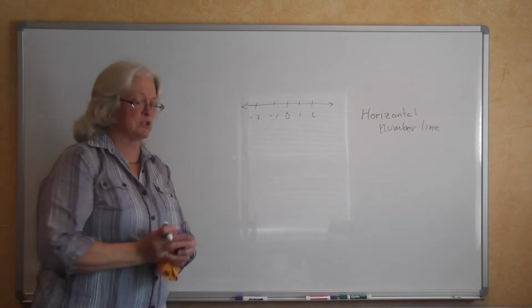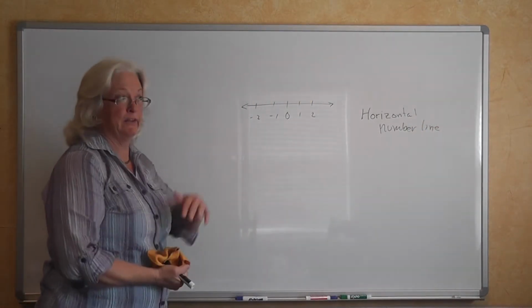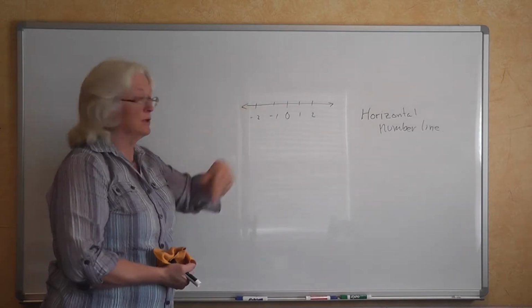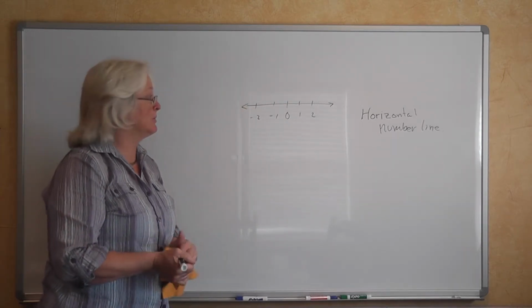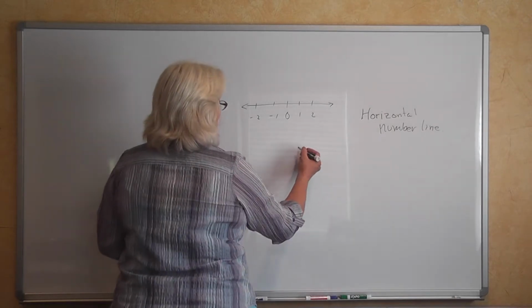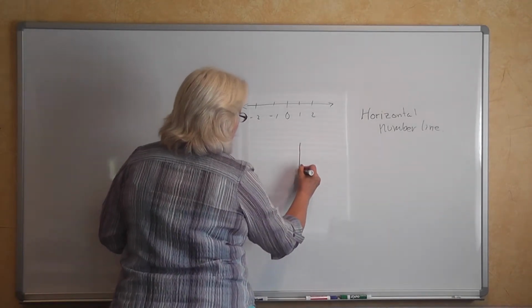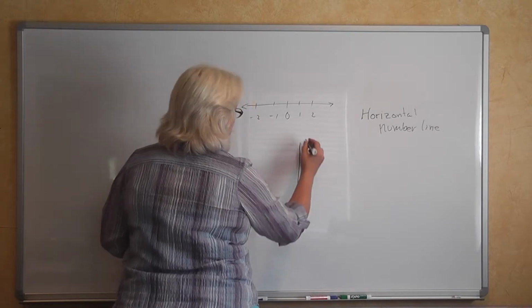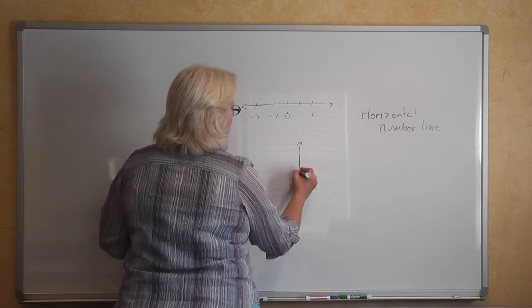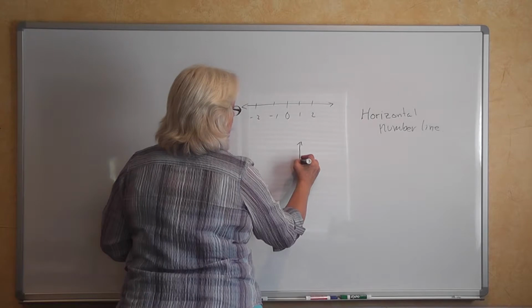Really hard definition right there. It's a line that's running horizontally that looks like a number line. It's a horizontal number line. So what do you think? Oh, that squeak is awful. What do you think this is called?